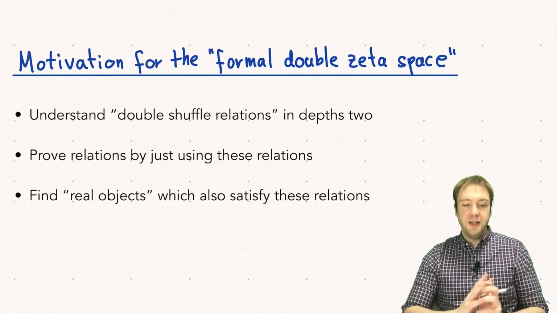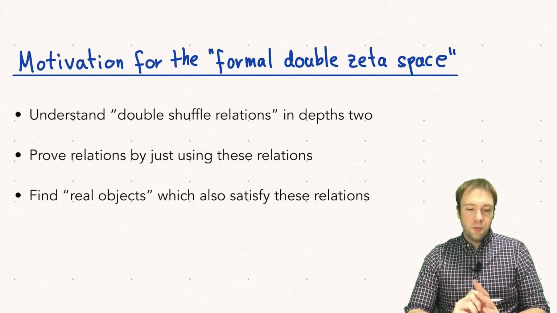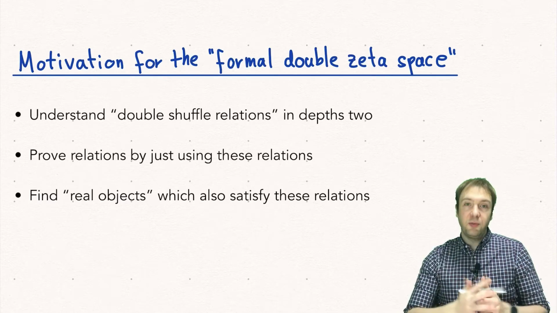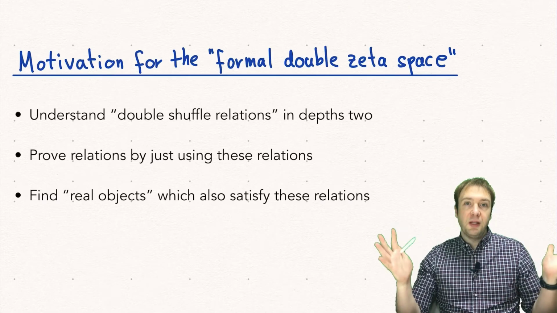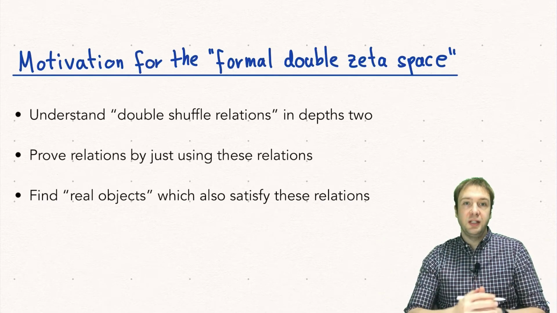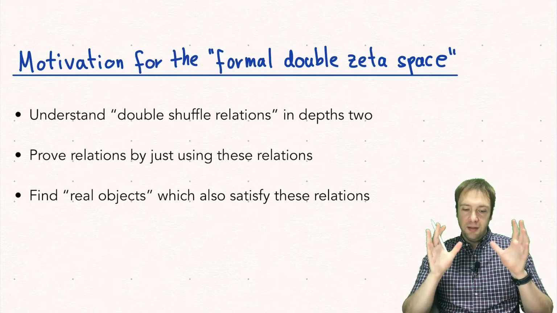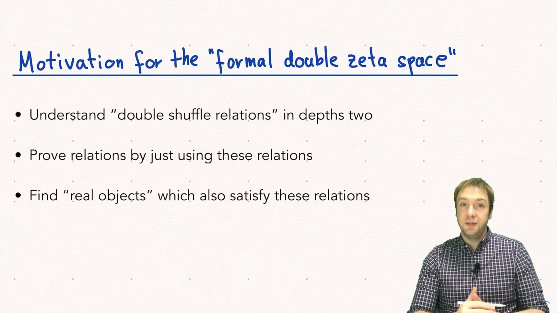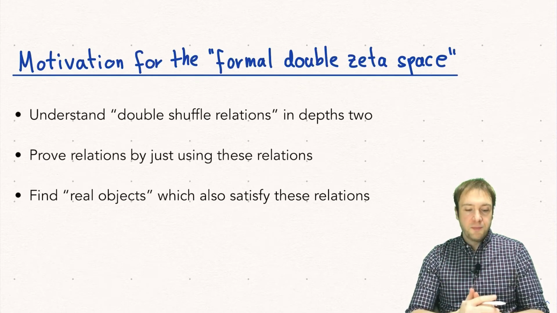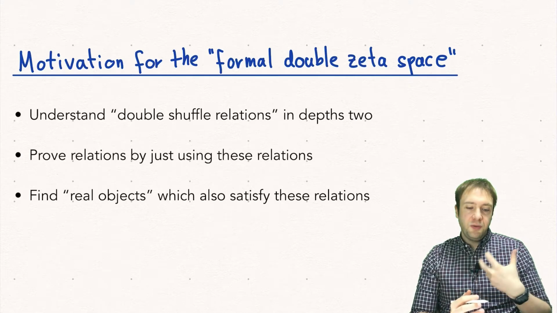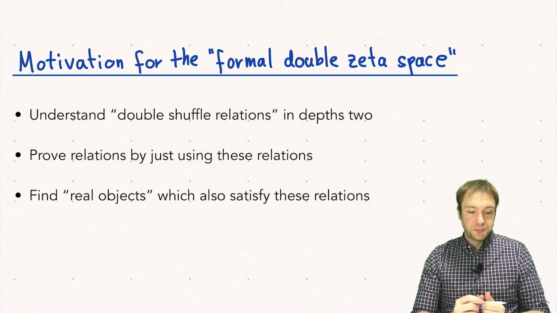Again, what will be the motivation for this formal double zeta space? In section 3, where we talked about these extended double shuffle relations, we had a big family of linear relations which conjecturally gave all linear relations. Now we can ask the question: if you just take the extended double shuffle relations in depth 2, meaning you consider the products depth 1 times depth 1, what do these double shuffle relations actually imply for multiple zeta values?